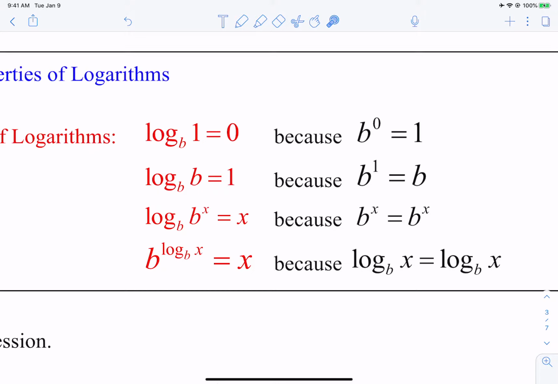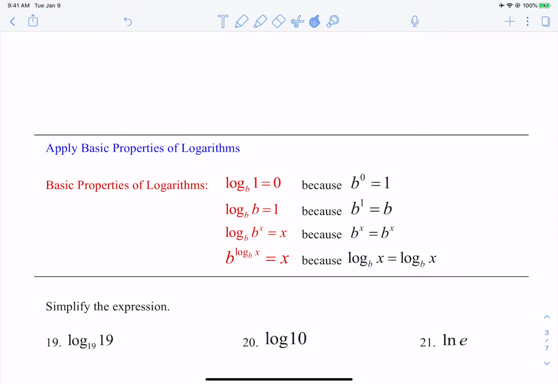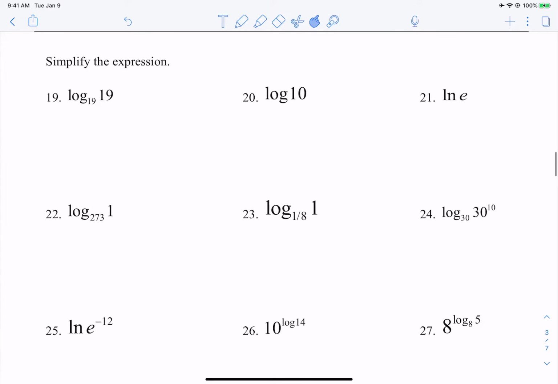What you need to think about is that if you see this relationship where they're right next to each other like that, they cancel out, leaving us just with x. And here, see how they're kind of reversed? So that's just something you need to know. And that works, again, whether they're natural logs or e's, or any kind of logarithm. So we're going to use some of those rules to simplify here.